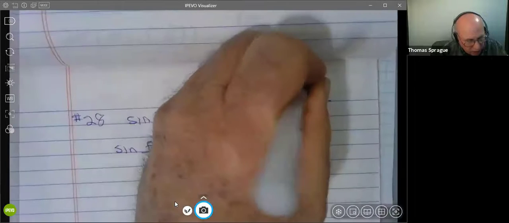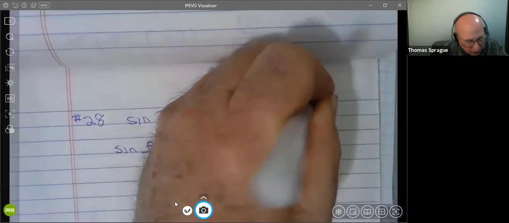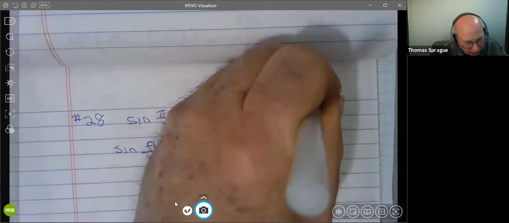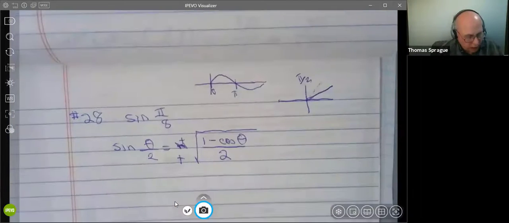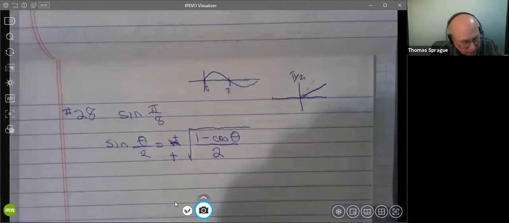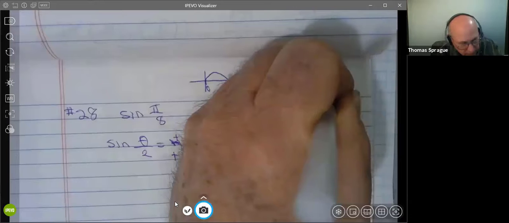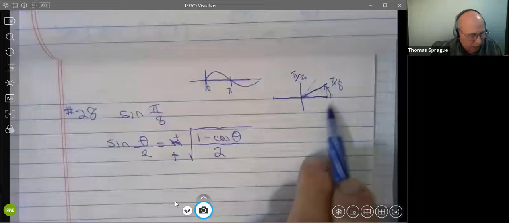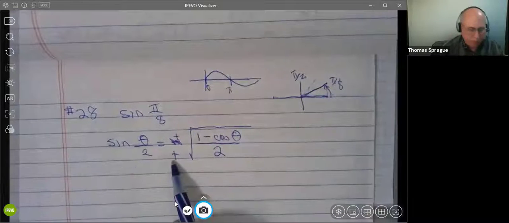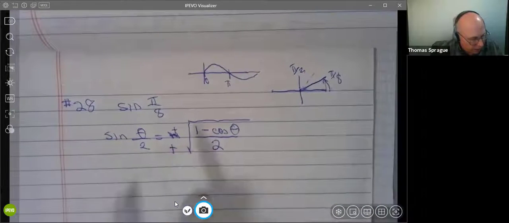This is pi over 2, pi over 4 is about here. So pi over 8 is an angle like this. And if I draw the triangle, opposite over hypotenuse is going to be positive. Once again, I come to the conclusion that I need a positive number here.